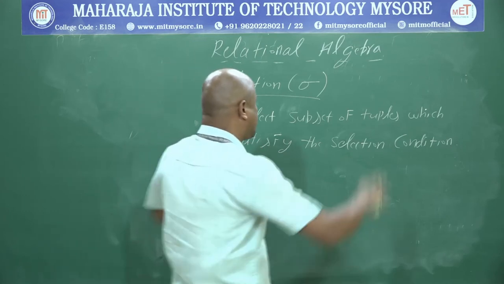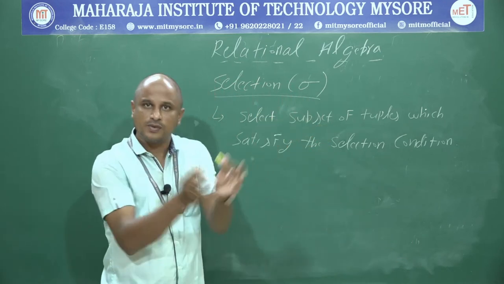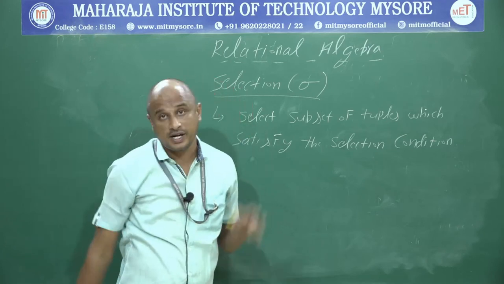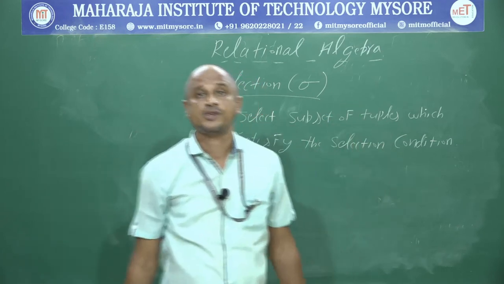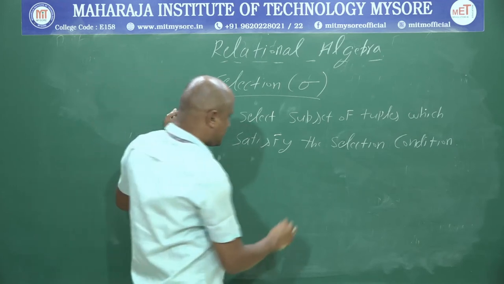So it selects a small set of your tuples from a huge set of tuples, which satisfies the selection condition. The symbol is very simple.